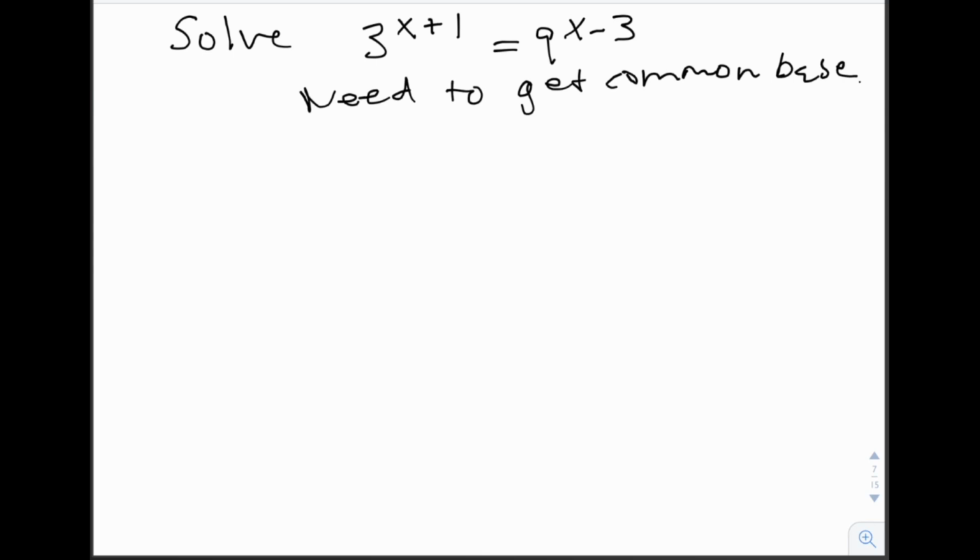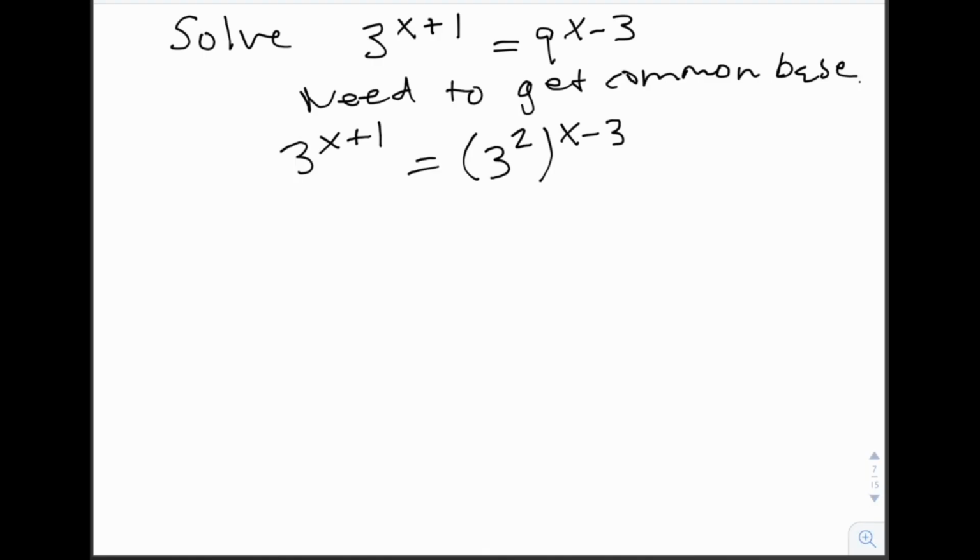So we will still have a 3 raised to the x plus 1, and that's going to be equal to 3 raised to something to get us a 9. 3 raised to what gets us a 9? 3 raised to a 2 gets us the 9. And we still need to take care of the exponent that we had, which was x minus 3.